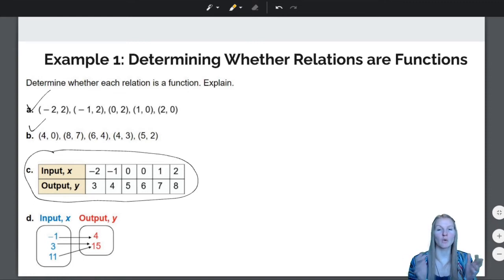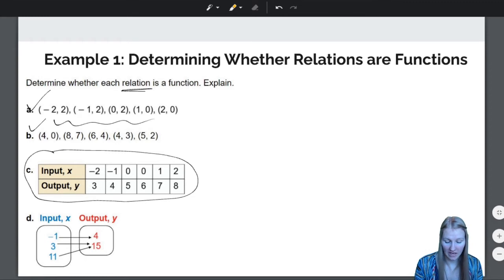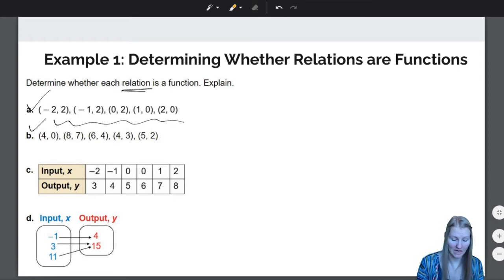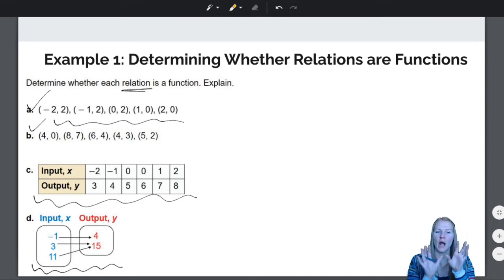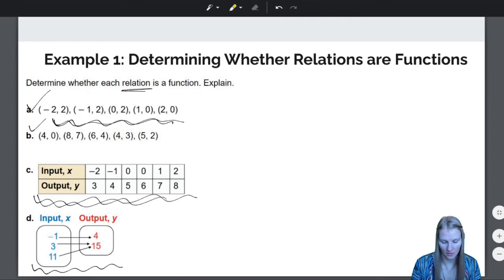So notice how we can look at relations as a set of points, we can look at them as a table, and we can look at them in the 2 boxes with arrows that we've been doing them in for the last 2 examples. So you can see relations in many different ways.